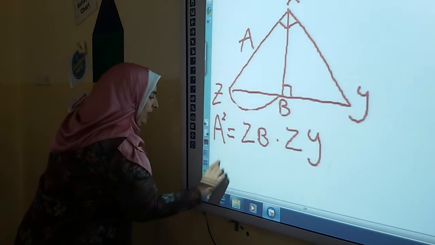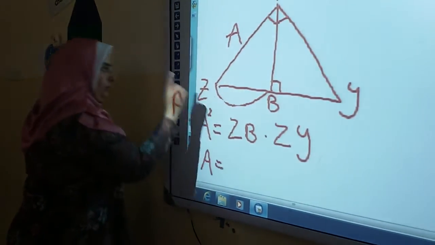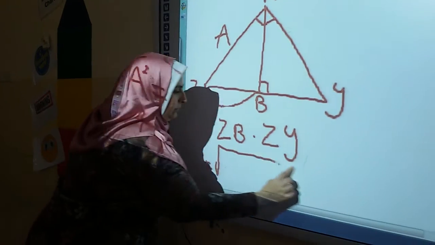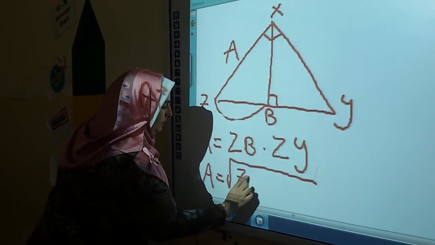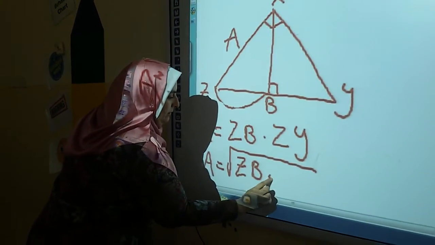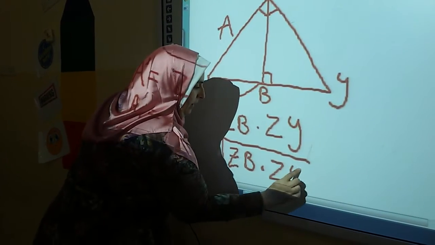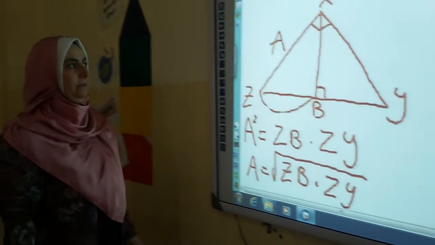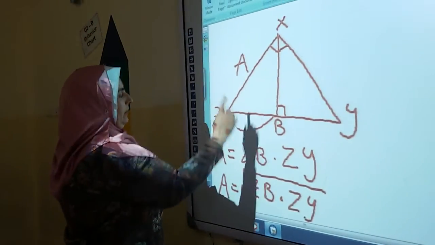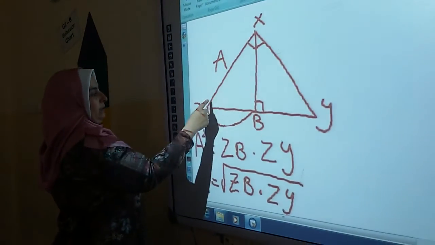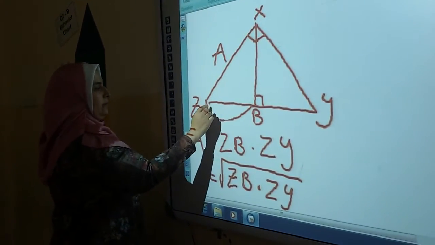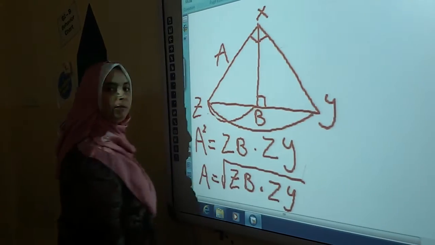So if I want A without power 2, I'm going to get the square root of ZB times ZY. So take care of this. If I want this side, I will take the closest part, then the whole side.